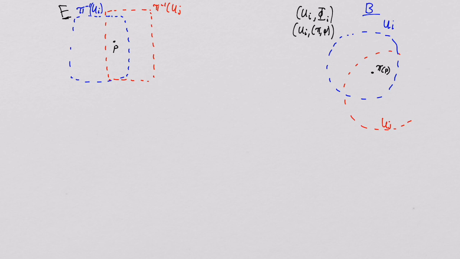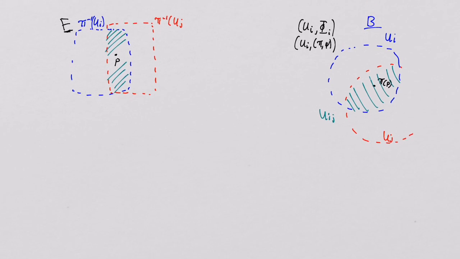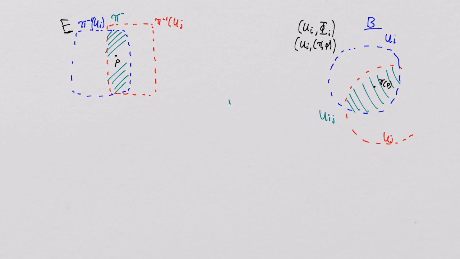But in order to make that work, I'm going to focus a little bit on this region here, which would correspond to this region here. And that region we will call u sub ij, and likewise, this region here has to be called pi inverse of u sub ij.